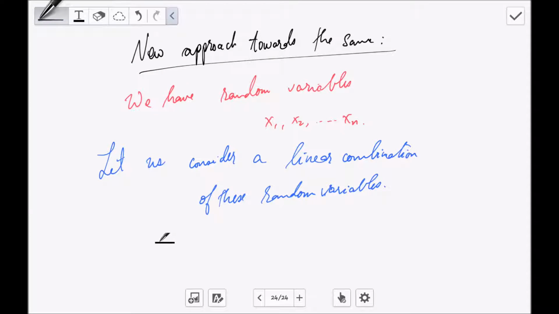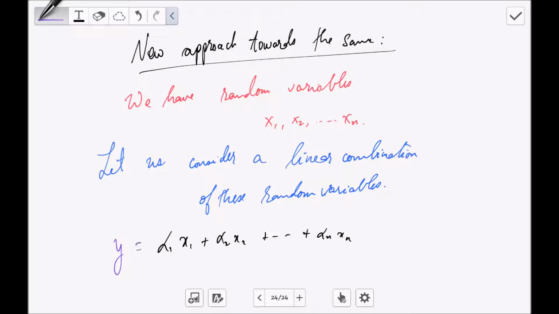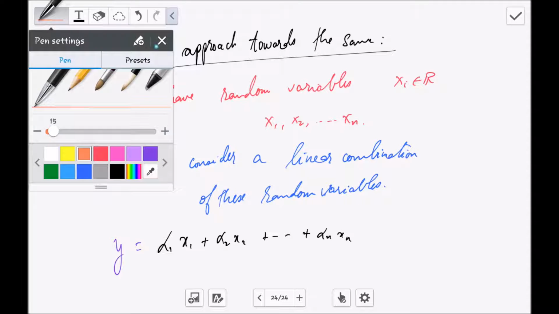Alpha 1 x1 plus alpha 2 x2 plus so on up to alpha n xn. Say I form a new random variable y with this. Here we have random variables x1, x2, x3. So each xi belongs to R, just R, and these alphas will also belong to R.